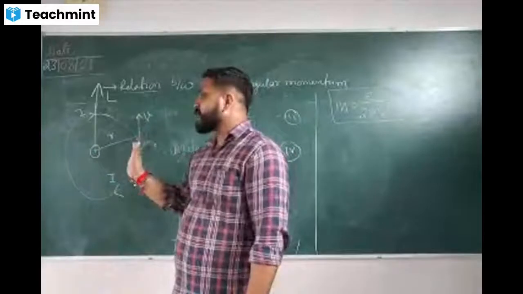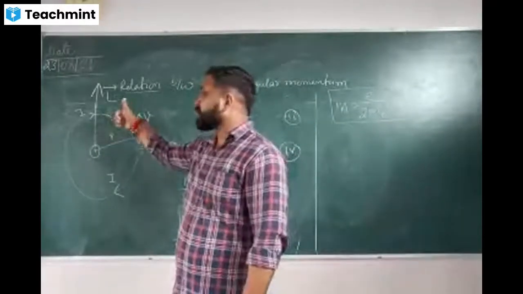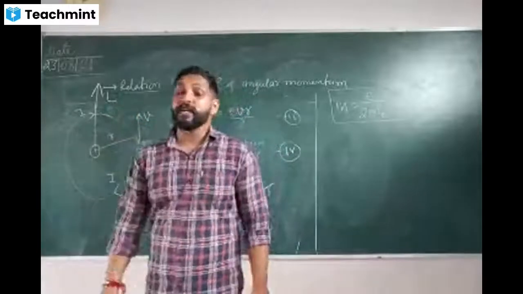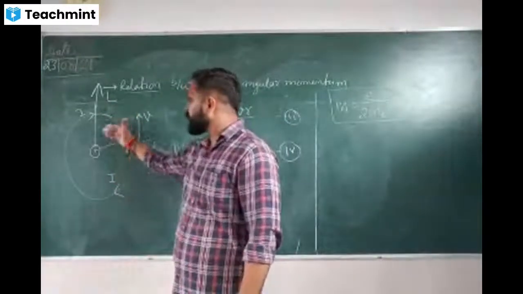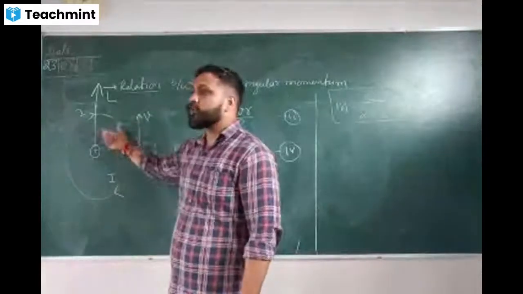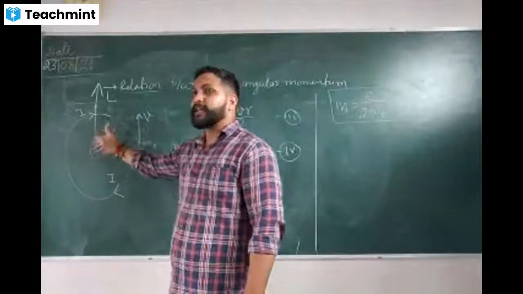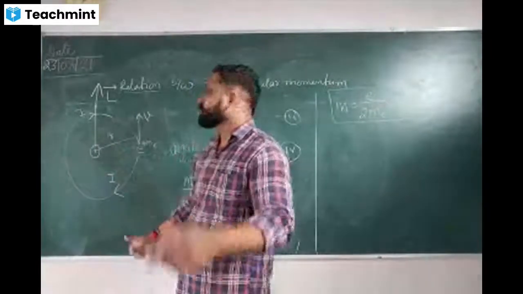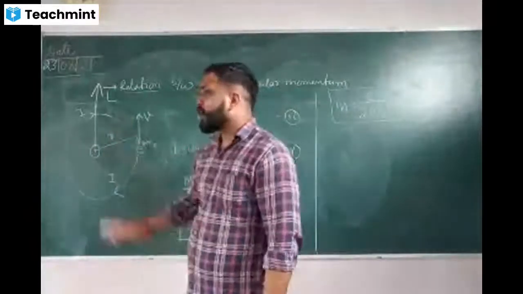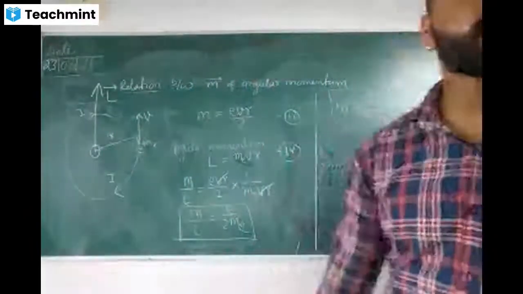If the object is moving in the direction of your curved fingers, then the thumb will show the direction of angular momentum. You can see in which direction the electron is moving, anti-clockwise. So when my thumb is pointing upward, that is the direction of angular momentum.